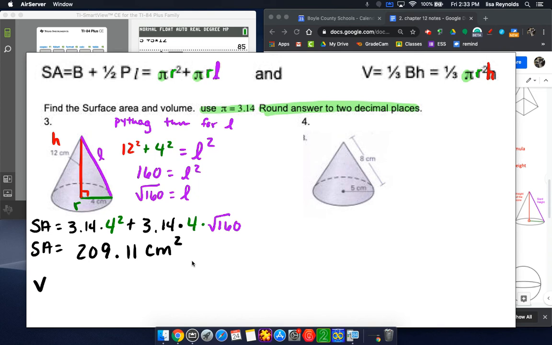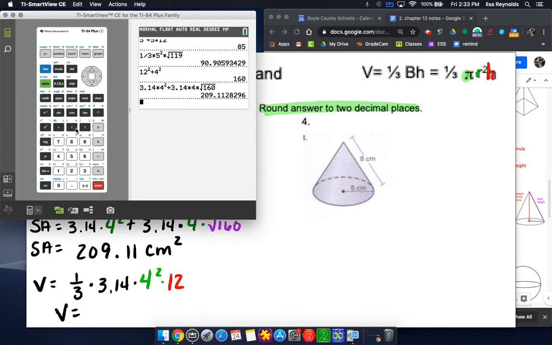And then for the volume, 1/3 times the value of pi times the value of the radius, which is 4 squared, times our perpendicular height of 12. And we calculate. 1/3 times 3.14 times 4 squared times 12, rounded to 2 decimal places, is 200.96.